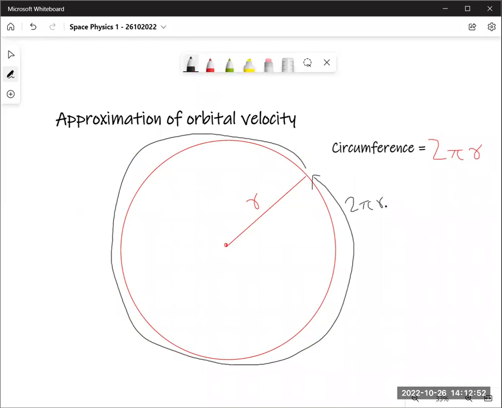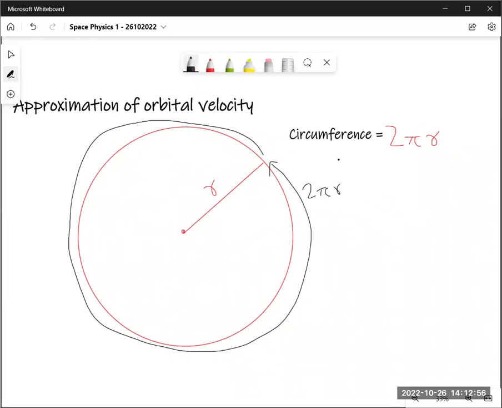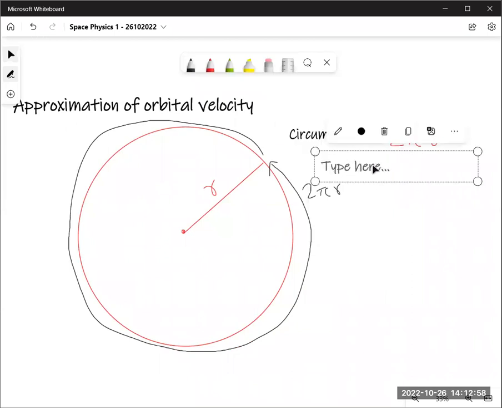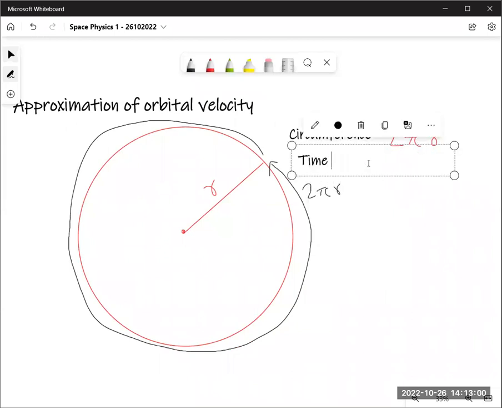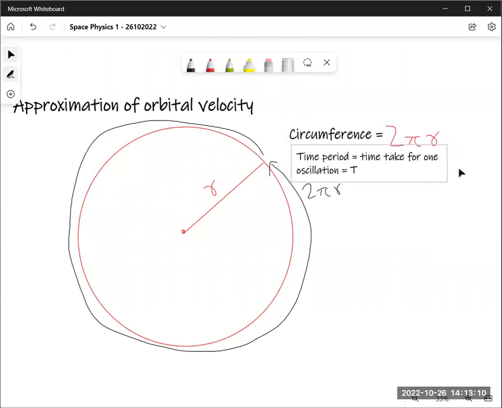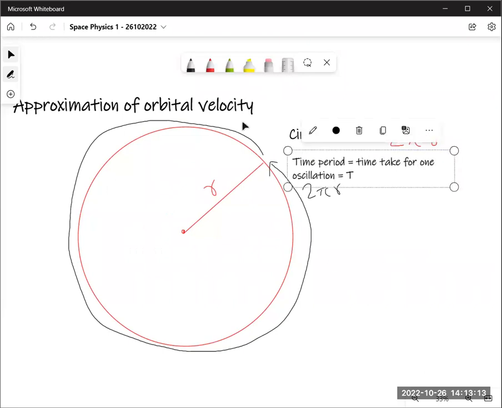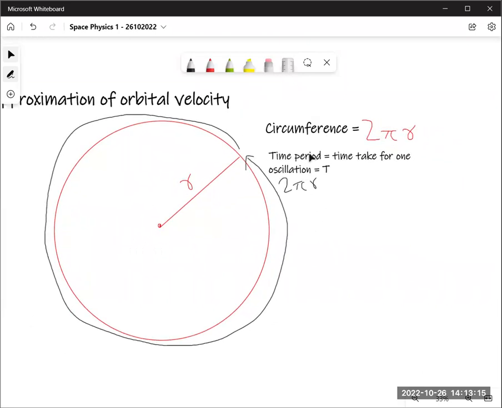Now the next thing I need to realize is how much time it takes. If I say the time period, what is time period? Time taken for one oscillation is equal to capital T. Then the time taken for the moon to travel this distance is T.